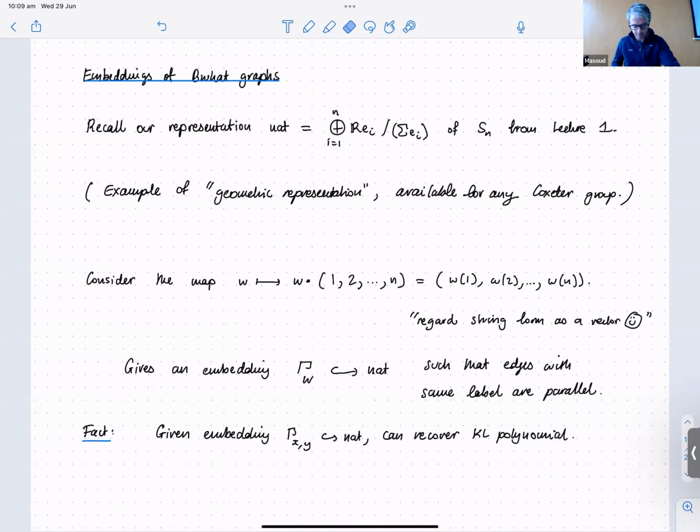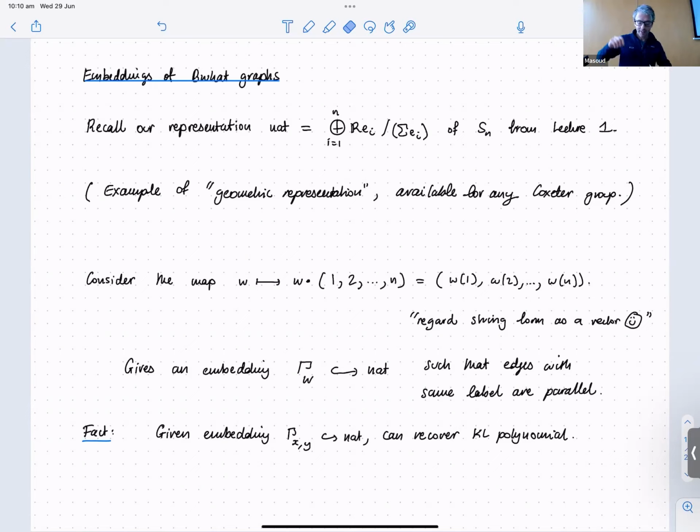I just want to explain briefly why I think this problem is very subtle, and also why I find it so interesting. So we went over this geometric representation. The symmetric group has this beautiful representation on an n-1 dimensional space where each reflection acts as a reflection.